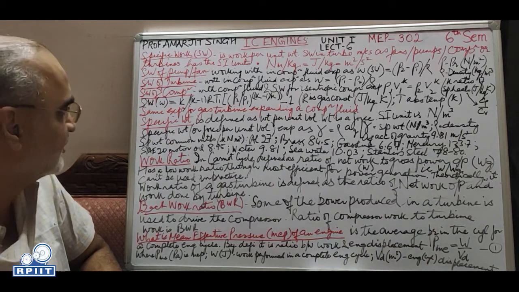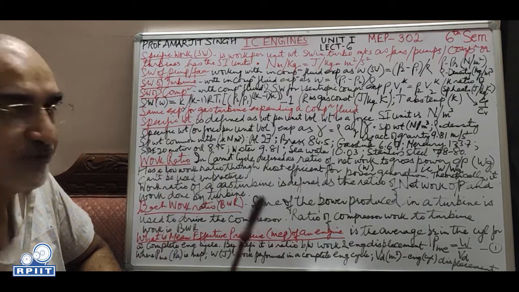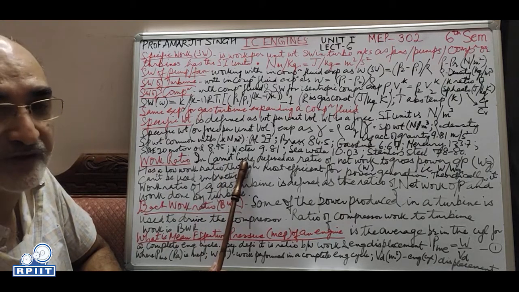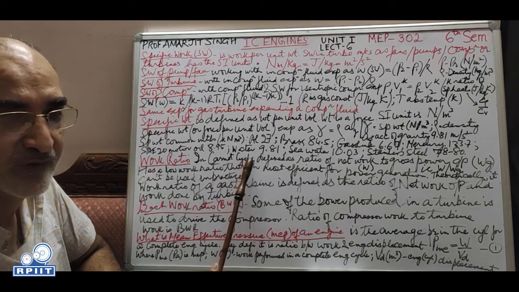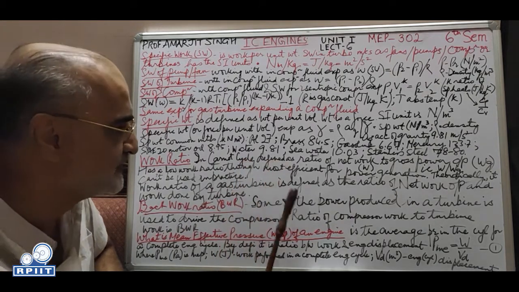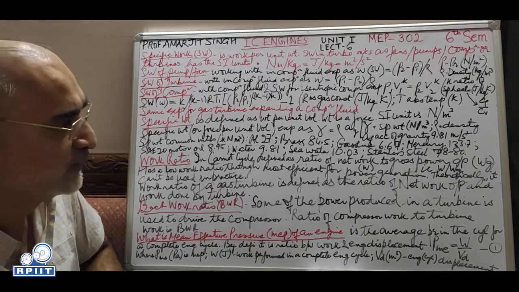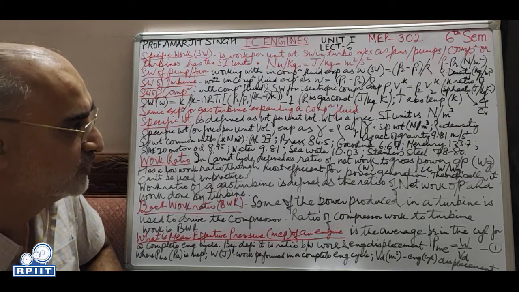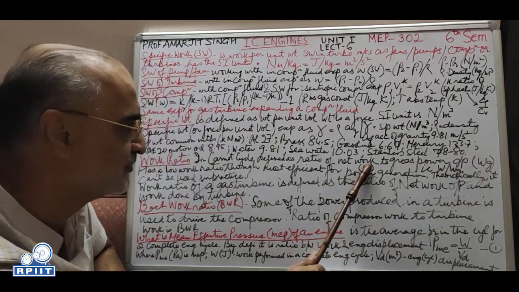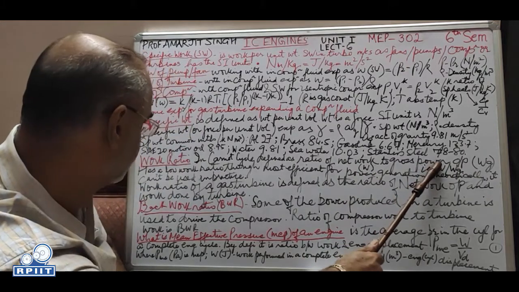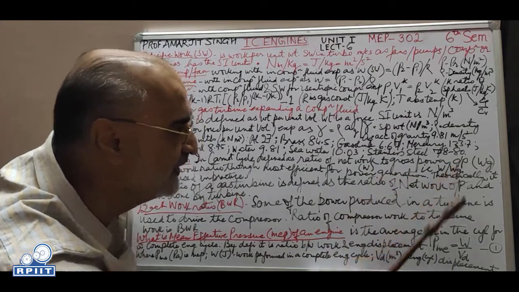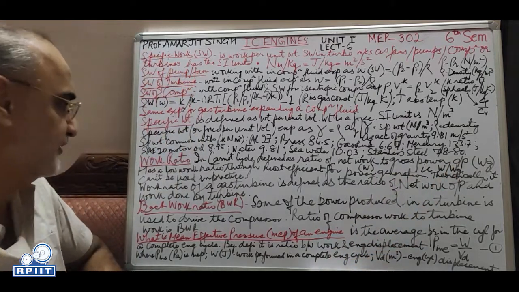Having seen specific work and specific weight, let us come to the work ratio as per your syllabus. The Carnot cycle, as we have discussed so many times, is the most efficient cycle. The work ratio is defined as the ratio of net work to gross power output. Gross power output is Wg, net work is W. The work ratio will be W by Wg, net work divided by the gross power output.